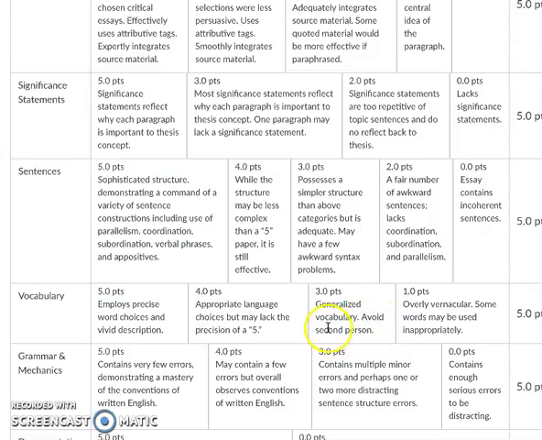Vocabulary, make sure you're not using second person. That's the you voice. The standard convention in academic writing is we prefer third person. You might have a little bit of first person. Vernacular means your writing sounds like speech instead of formal written language. So make sure you're paying attention that it doesn't sound like you're talking in your writing.